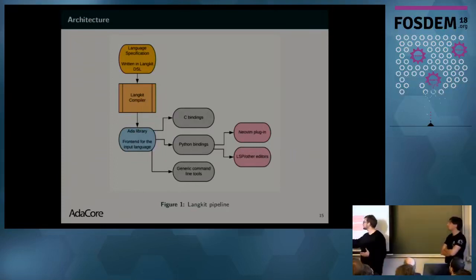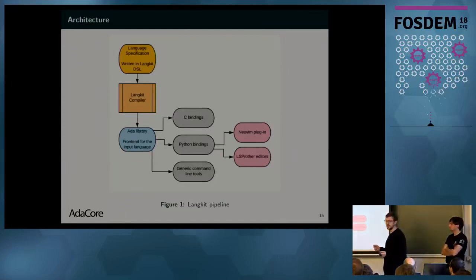This library is in Ada, a language that you maybe never heard about. But fear not, because we provide a lot of bindings to other languages, like C and Python, and it's really easy to generate bindings for other languages. And on top of that, the hope of the whole project is to be able, from this language specification, to generate generic tools that I'm going to get into.